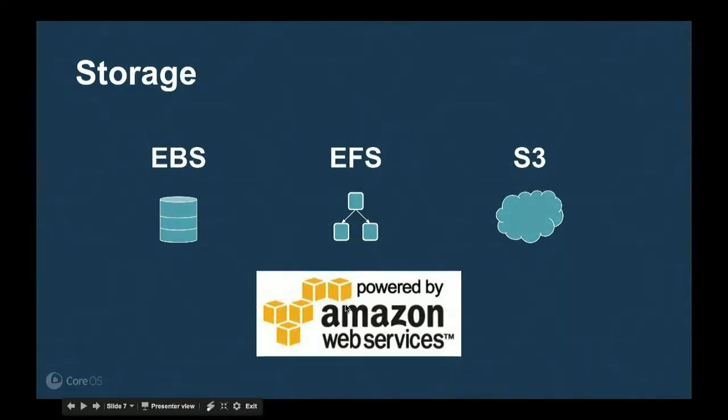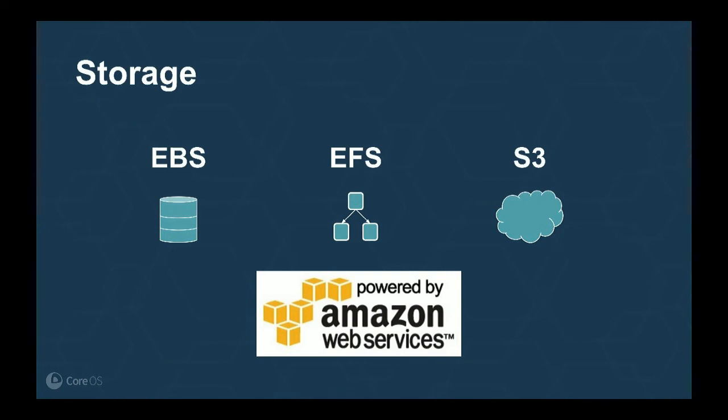In AWS, they provide these three types of storage systems. First, they provide block storage called EBS, Elastic Block Store, which can be easily managed and consumed from the AWS APIs.